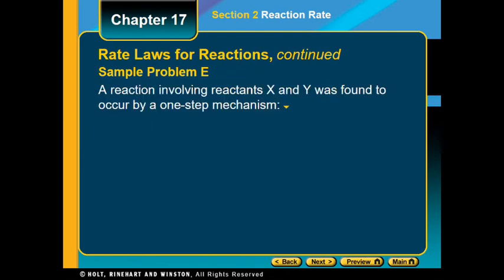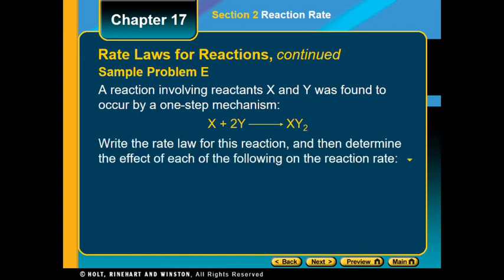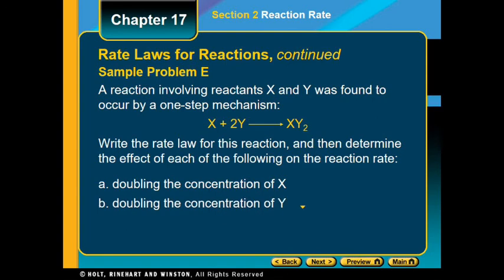In another example, between X and Y, here again, it's a fake setup, and we'll write the rate law for the reaction, and then determine the effect of each of the following on the reaction rate. So what if we doubled the concentration of X, doubled the concentration of Y, or used 1/3 the concentration of Y? We have several things that we're going to look at here. Make sure you get this written down as we go through the last few slides to find out what these are going to be.